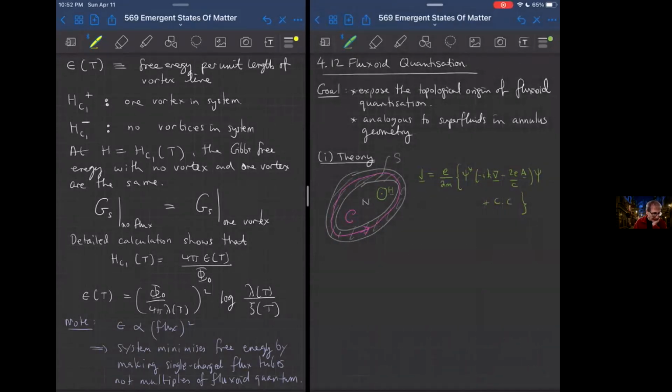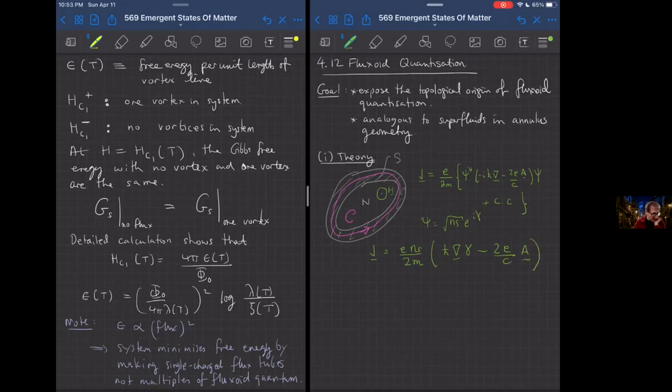And if I write down psi equal to square root of n_s times a phase, e to the i gamma, then what I get is that J is equal to e n_s over 2m times h bar grad gamma minus 2e over c times the vector potential A.